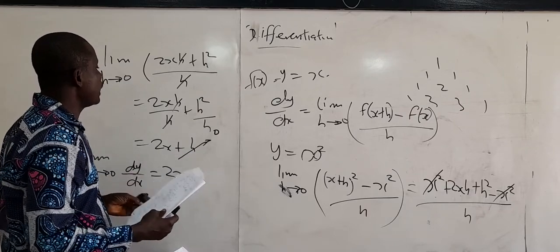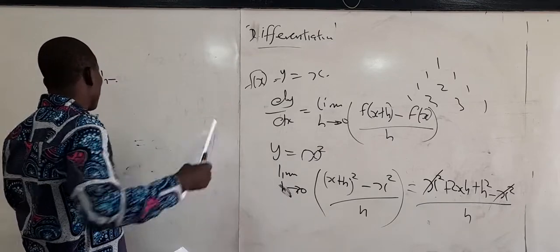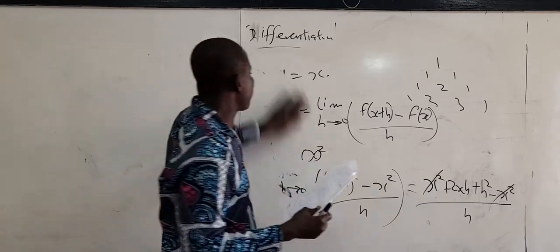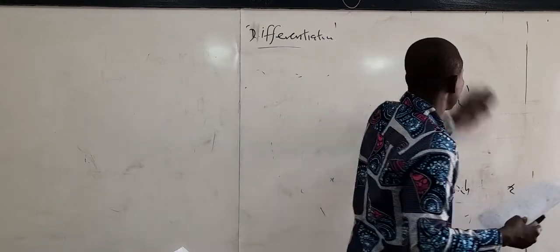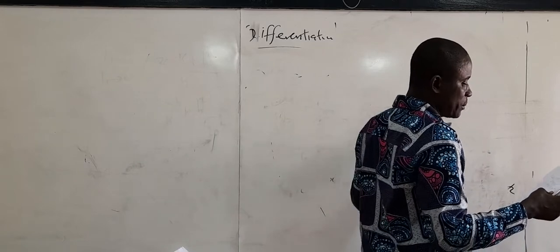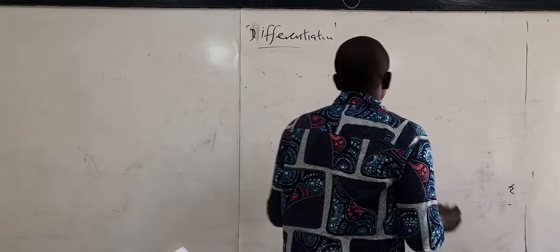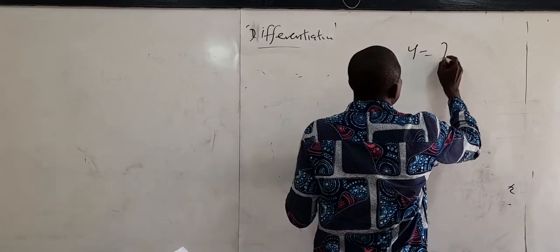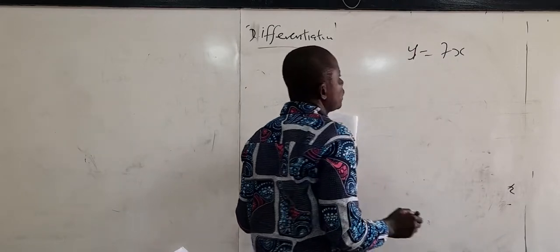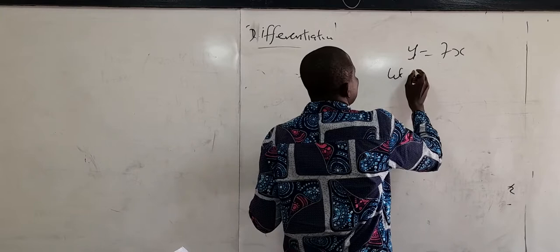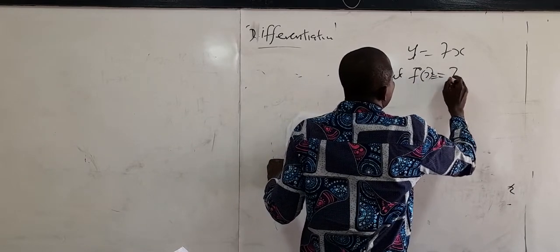I think we have to look at another example. We are on differentiation from first principles. Is that okay? Differentiation from first principles. So let me see if I'll be able to get another example that will help us. If y is equal to 7x, we should differentiate this from first principle. Note that we let f(x) be equal to your 7x.